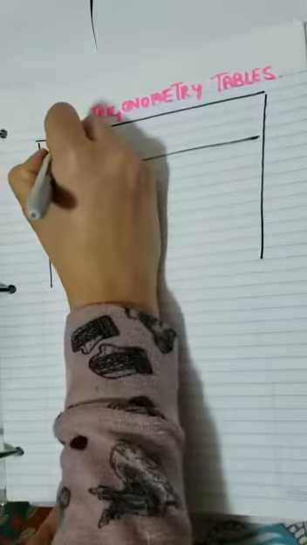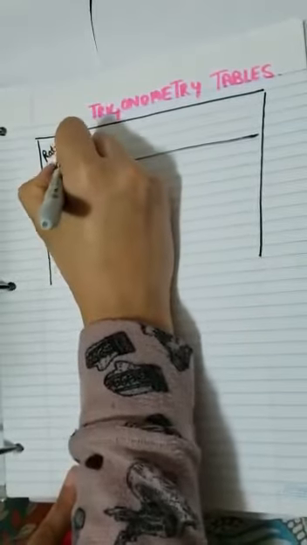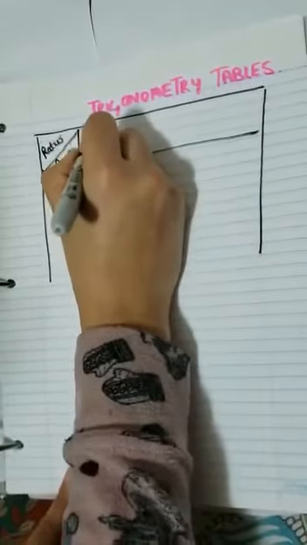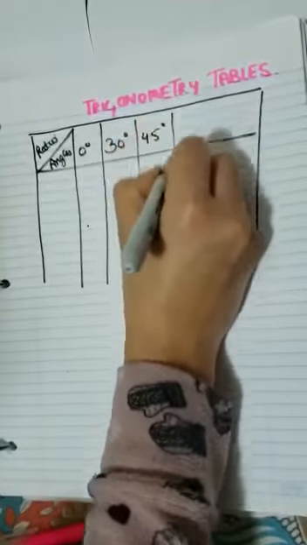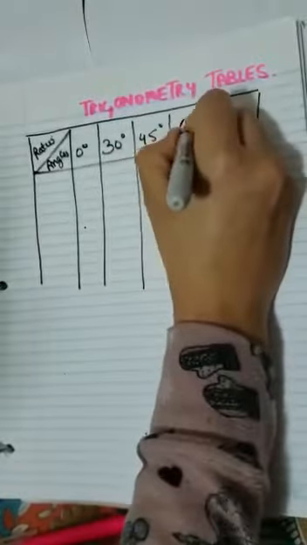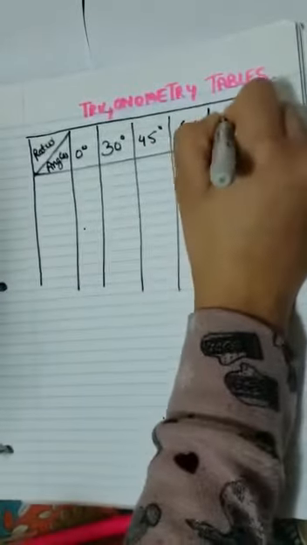Ratio, angles: 0 degree, 30 degree, 45 degree, 60 degree and 90 degree.